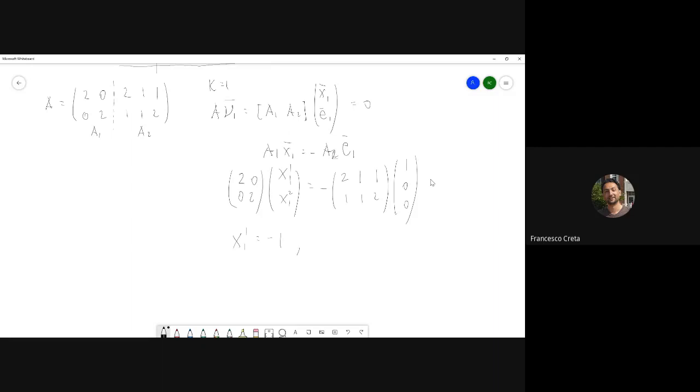This will be -1, and this will be -1/2. So what's Ni1? We found it. The first one is -1, the second one is -1/2, and the rest is the canonical base, 1, 0, 0.